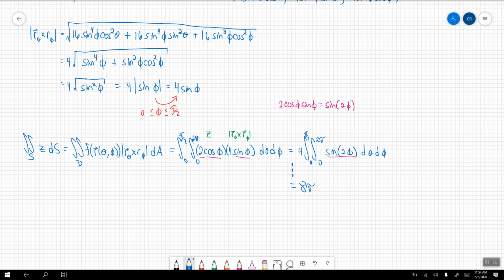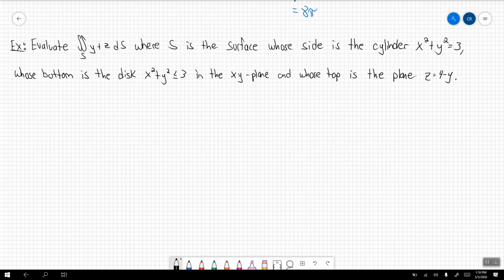Great. So now that we're getting a little bit more into this, it's going to be awesome. What we now want to do is start taking this up a notch, just a little bit more, to see how we keep working with these different types of surface integrals. So here's the example that we're looking at.